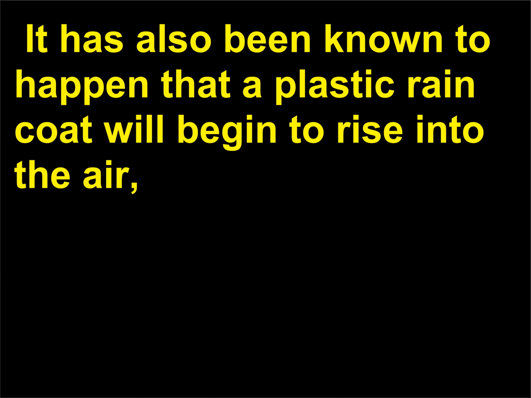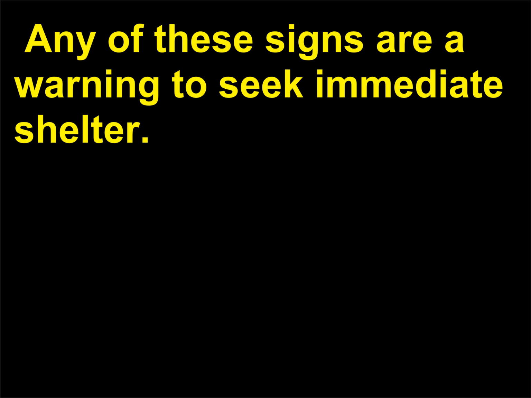It has also been known to happen that a plastic raincoat will begin to rise into the air, or that a cast fishing line will bizarrely remain suspended in air. Any of these signs are a warning to seek immediate shelter.